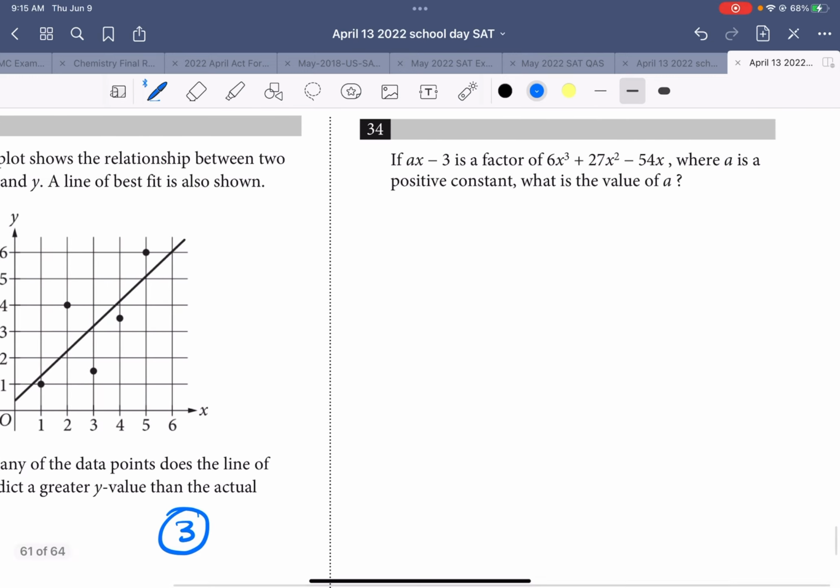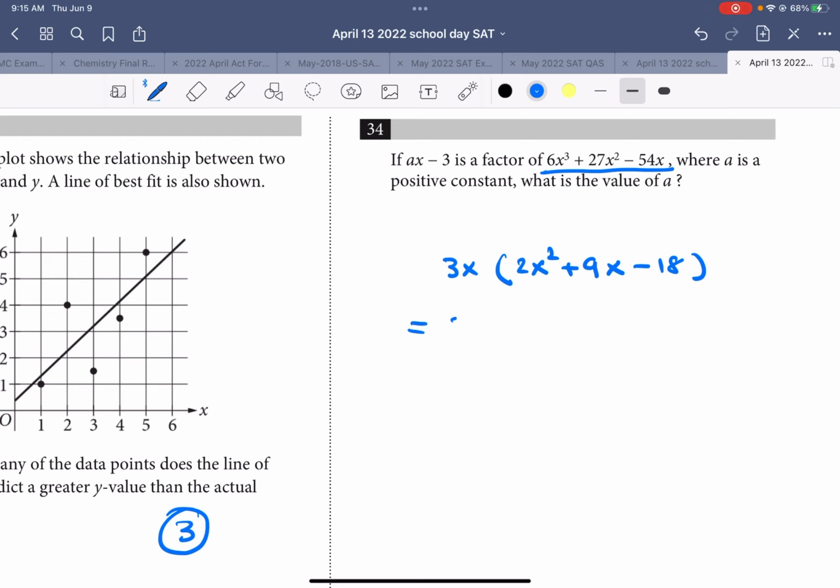Number 34. Ax minus 3 is a factor of 6x cubed plus 27x squared minus 54x. A is a positive constant. What is the value of A? So let's factor the given one. When you factor out 6x first, hold on, 6x doesn't work. So 3x. So 2x squared plus 9x minus 18.